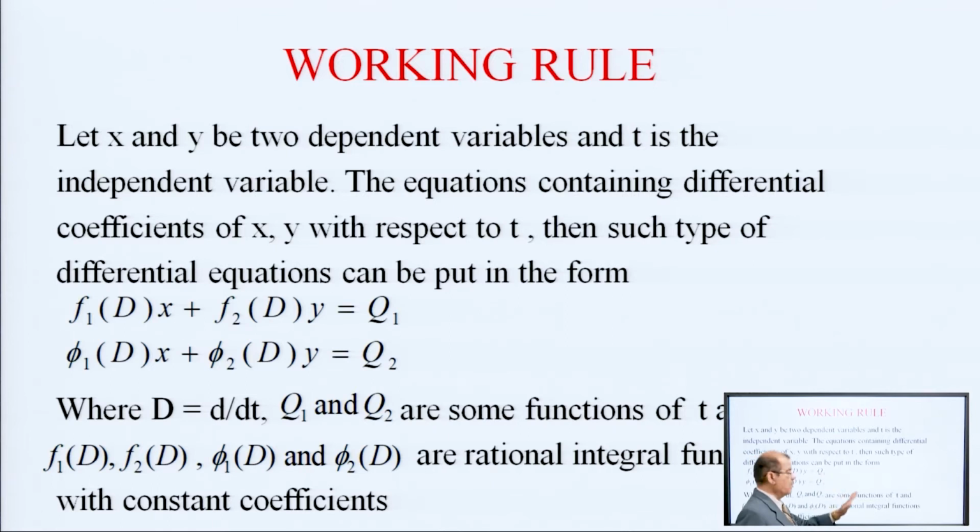can be put into the form of f1 D x plus f2 D y is equal to q1 and phi 1 D x plus phi 2 D y is equal to q2, where D stands for d by dt, q1 and q2 are some functions of t, and f1 D, f2 D, phi 1 D and phi 2 D are rational integral functions with constant coefficients.